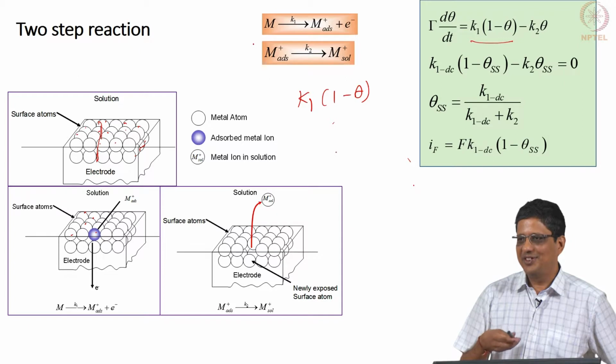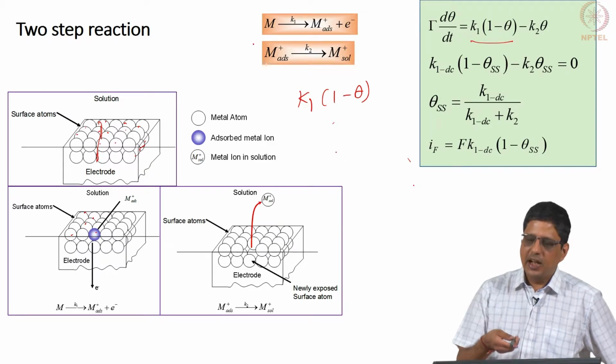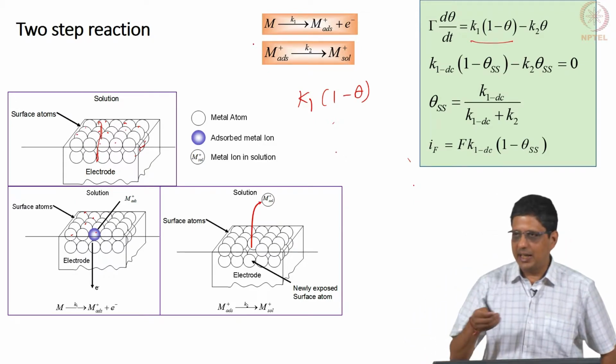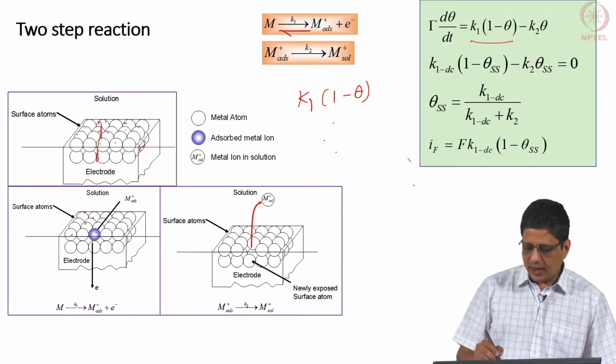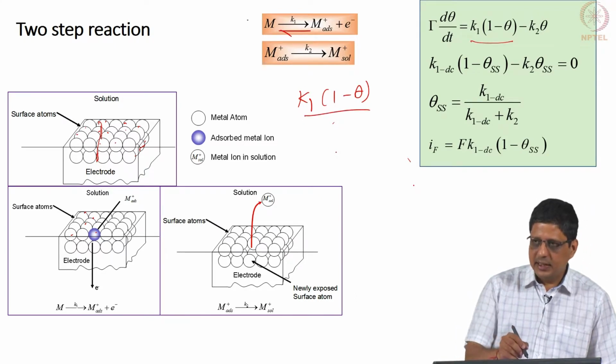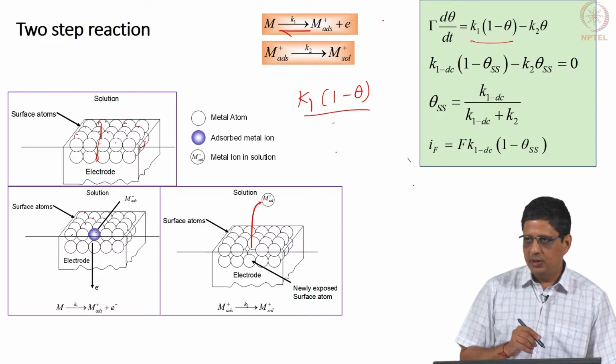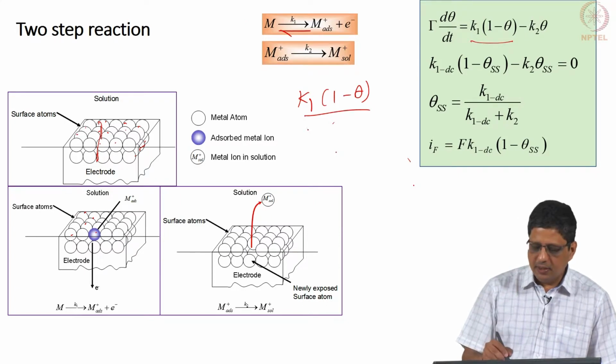I do not know where the confusion is. Okay, first we will write this equation in terms of surface atoms, and we calculate how many electrons are produced by that. If it is reversible, I would write K1 (1 minus theta) as the number of electrons produced by the first step, the forward step.